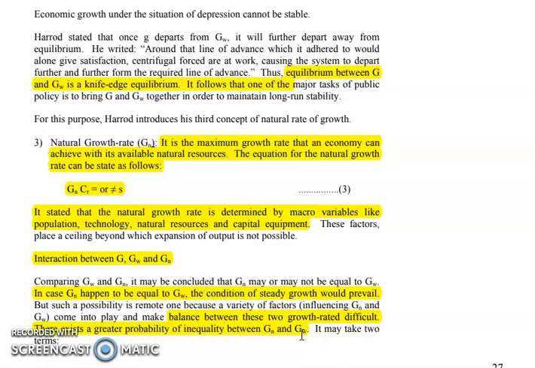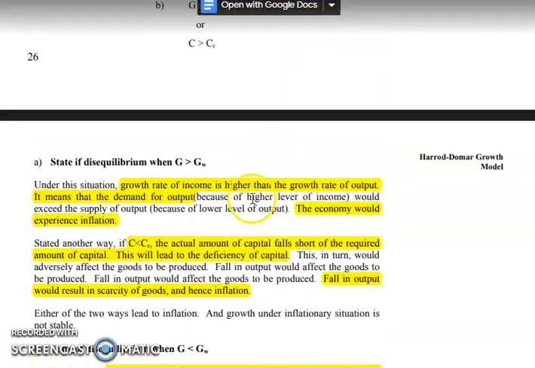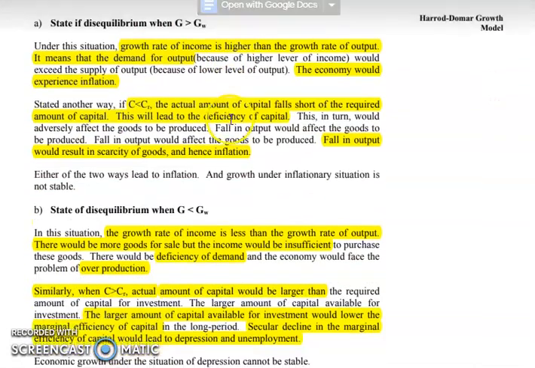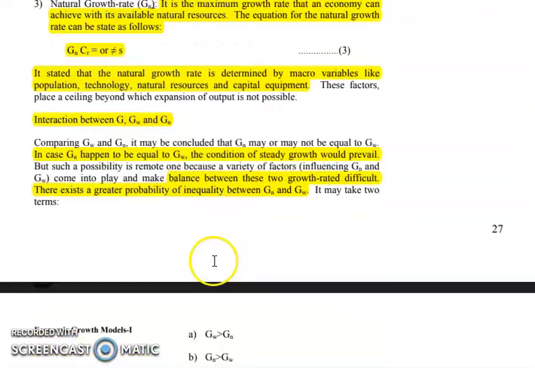There exists a greater probability of inequality between G and GW. We have already seen the two conditions: G greater than GW is one disequilibrium condition, and the second is G less than GW.